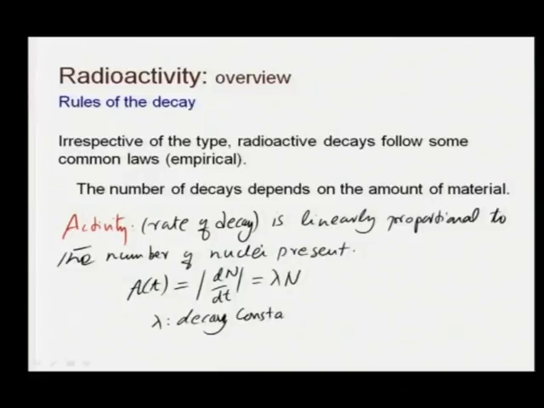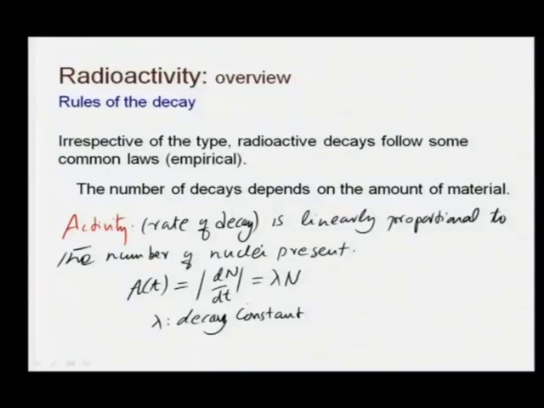Decay constant: consider one radioactive nucleus. It has some probability to decay. If lambda is the probability per unit time of decay of one nucleus, and you take N such nuclei, then lambda times N is the number of particles that will decay in 1 second.